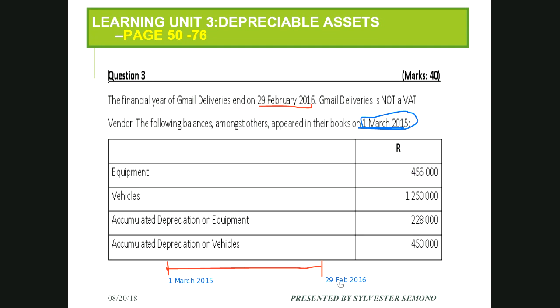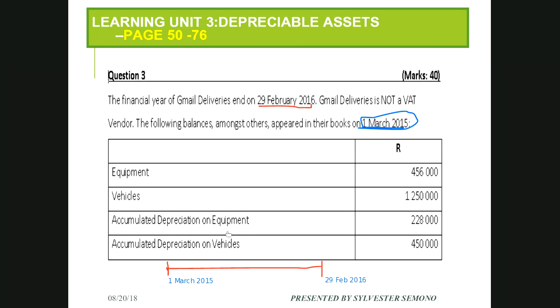Are we okay? Yes. This is our accounting period. So as you can see, guys, they gave you the balances: the equipment, the vehicles, and accumulated depreciation for both equipment and vehicles. Meaning these assets were bought some time ago, and so far they lost the following values.